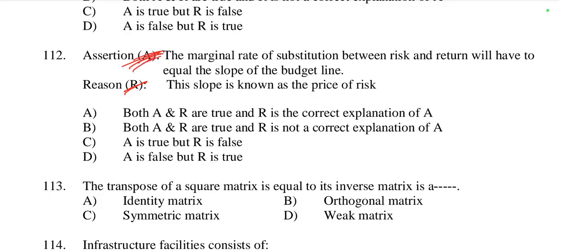So assertion is right, and reason: the slope of the budget line in a risk return trade-off is referred to as price of risk, and it indicates how much additional return an investor requires to take an additional risk. So here reason is also right. Both A and R are true, and R is the correct explanation of A.